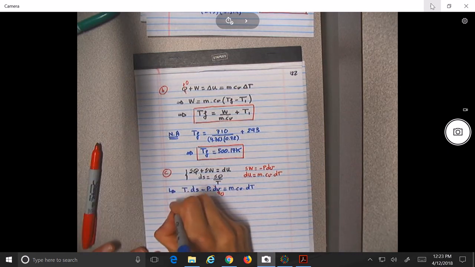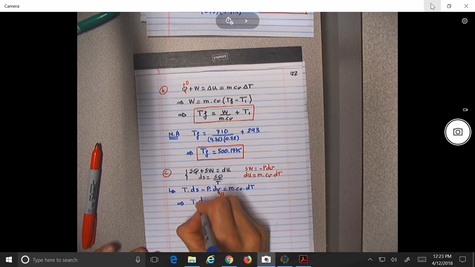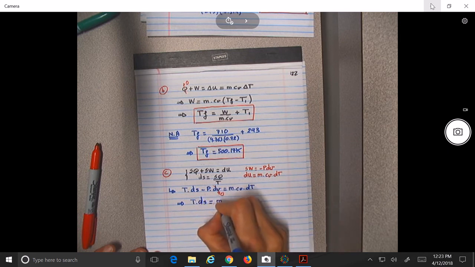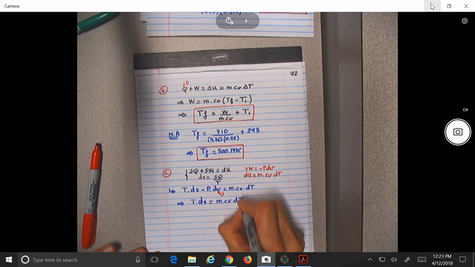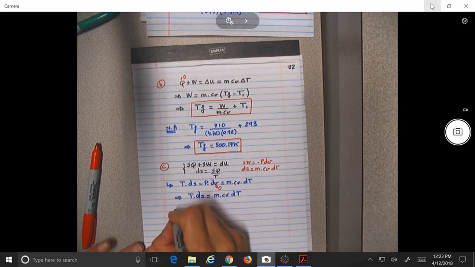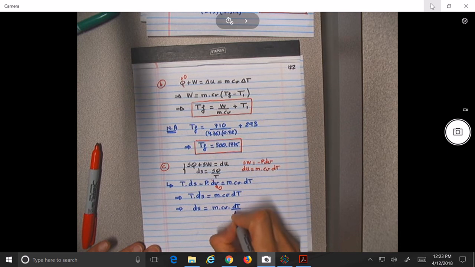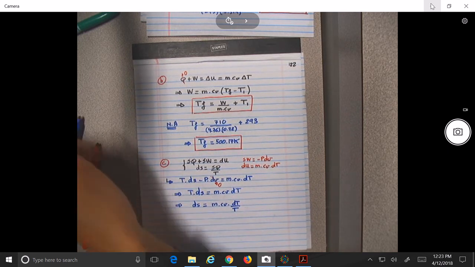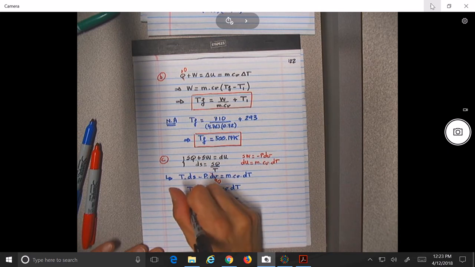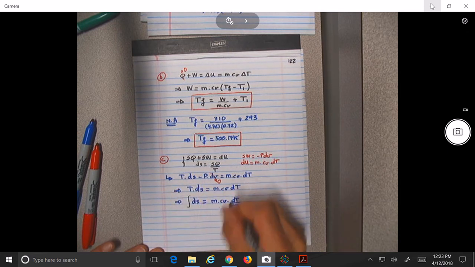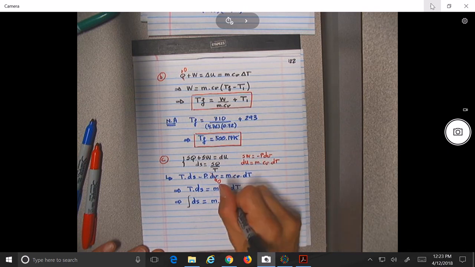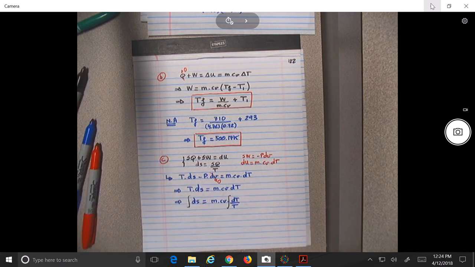So we have again the relation TdS equal to mCV dT, dS equal to mCV dT over T. Here we are assuming the mass and the CV to be constant.